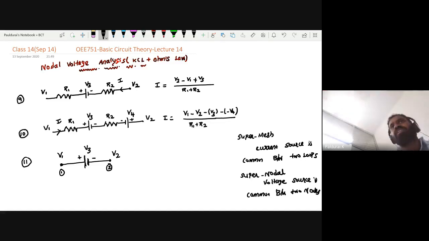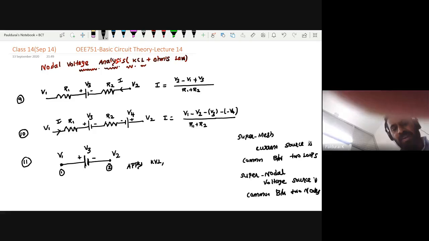So this time what is the equation? How will you develop the equation? Simply apply KVL. So this is V1, with plus and minus connected here. This is V2, with plus and minus connected here. So both are minus, common ground, right? So this is my V1 plus minus and this is my V2 plus minus.